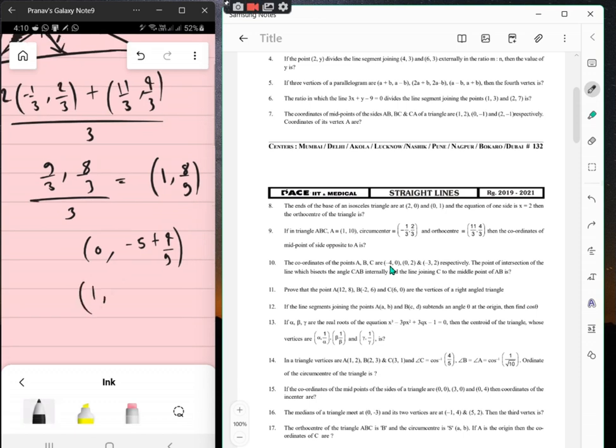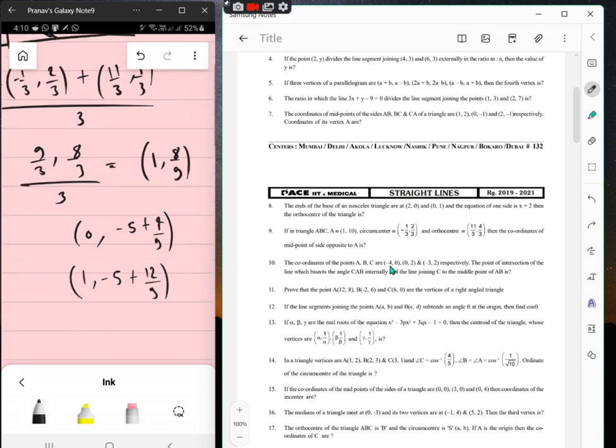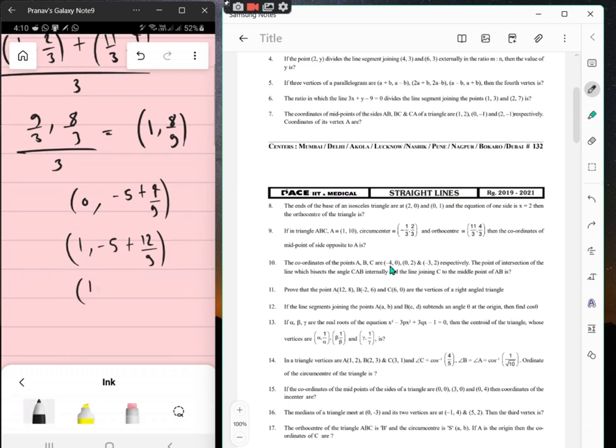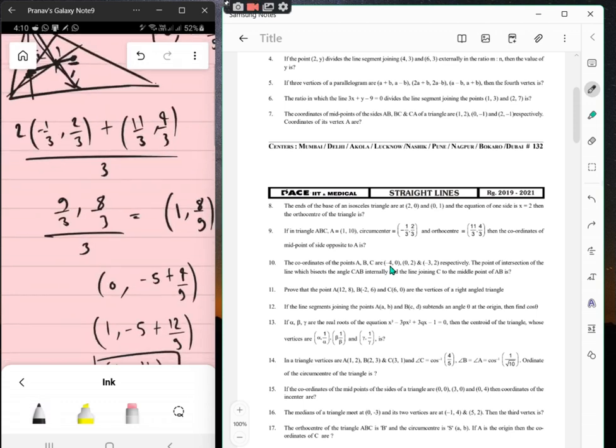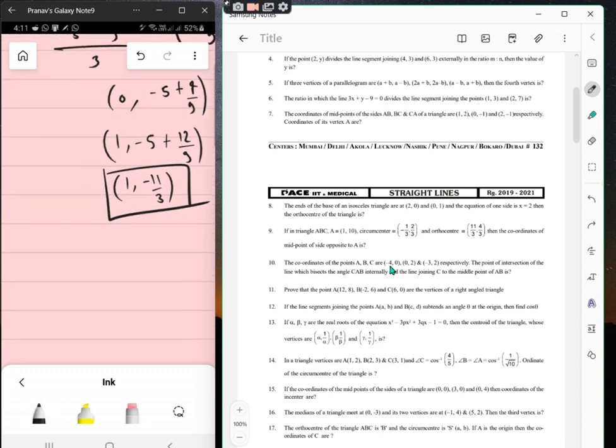So it's (1, -5 plus 12/9), so (1, -5 plus 4/3), so -15 plus 4 is -11, -11/3. Who knows if that's correct or not, but we'll go with it. Okay. Next.